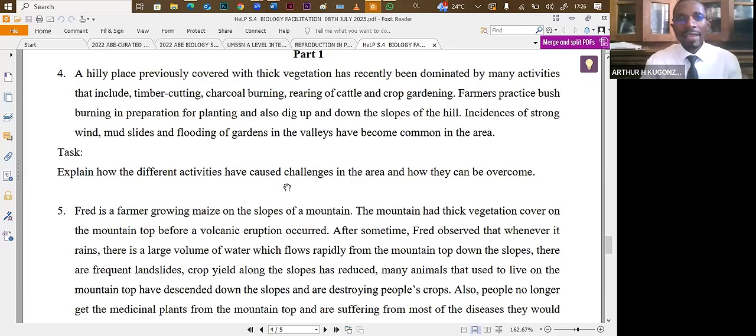So, what does this task want? The first portion is how the activities caused the challenges in the area. At least that is the first thing that the task wants.